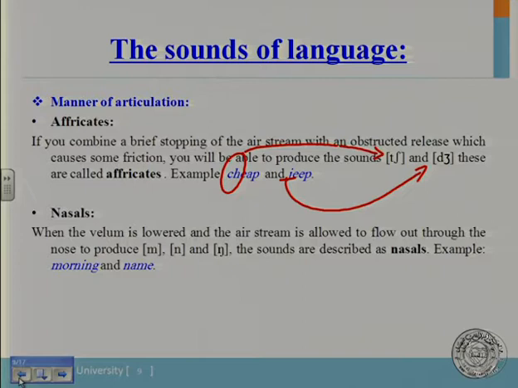It's j, jeep. And for cheap, it's ch. There is a t before sh, so it becomes ch, cheap.